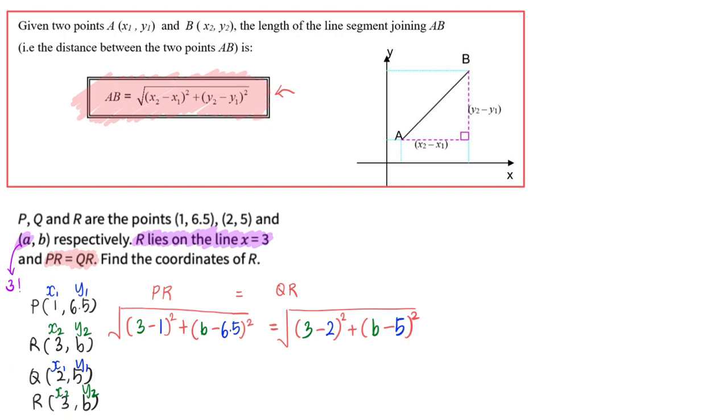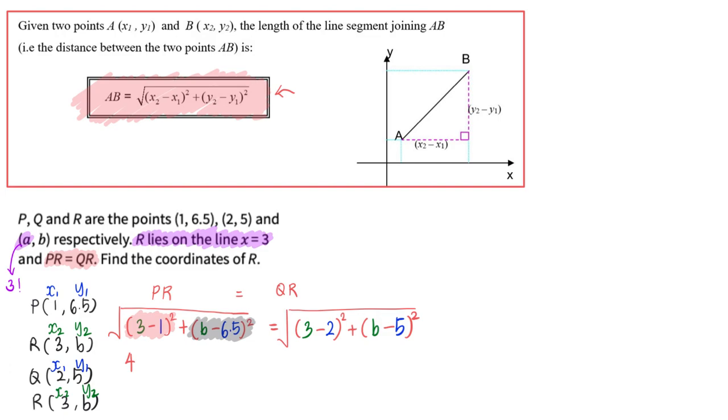I saw that both have square root, meaning I'm going to square both sides. So the next line, you will not see any square root anymore. Rather, you will see this as (3 minus 1) squared will be 4. And I'm going to continue to expand and simplify this using my algebraic product.